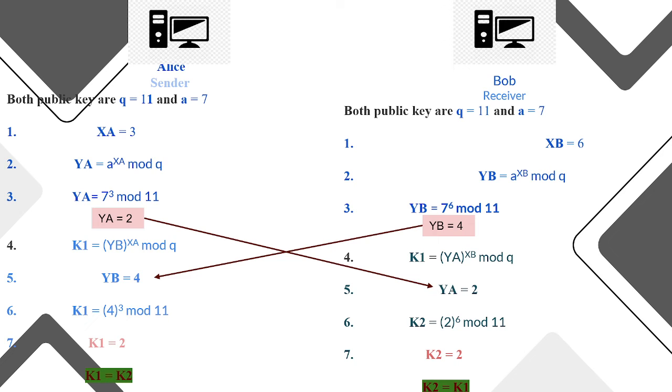So YB equals A power XB mod Q. Putting in the values, we find YB equals 4, and we pass YB equals 4 to the sender, Alice.